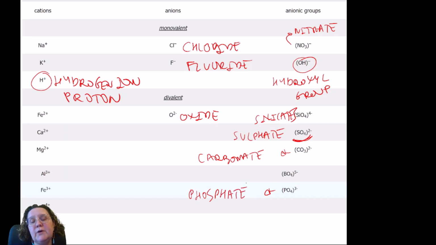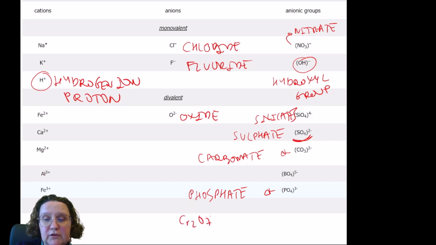And you might have heard about phosphoric acid, for example. Another couple that I think would be worth remembering is Cr2O7 2 minus, and MnO4 minus. This is called dichromate, and this is called permanganate.